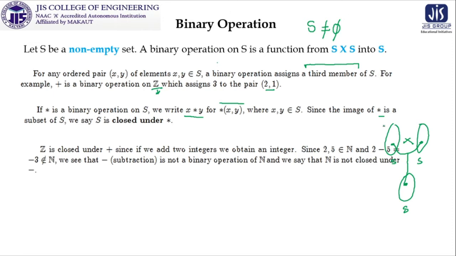So on the basis of this set of natural numbers, please concentrate. If the set changes, maybe the operation becomes a binary operation. But for the specific set, here the set of natural numbers, we are seeing that one counterexample is present, so it is not closed under subtraction.